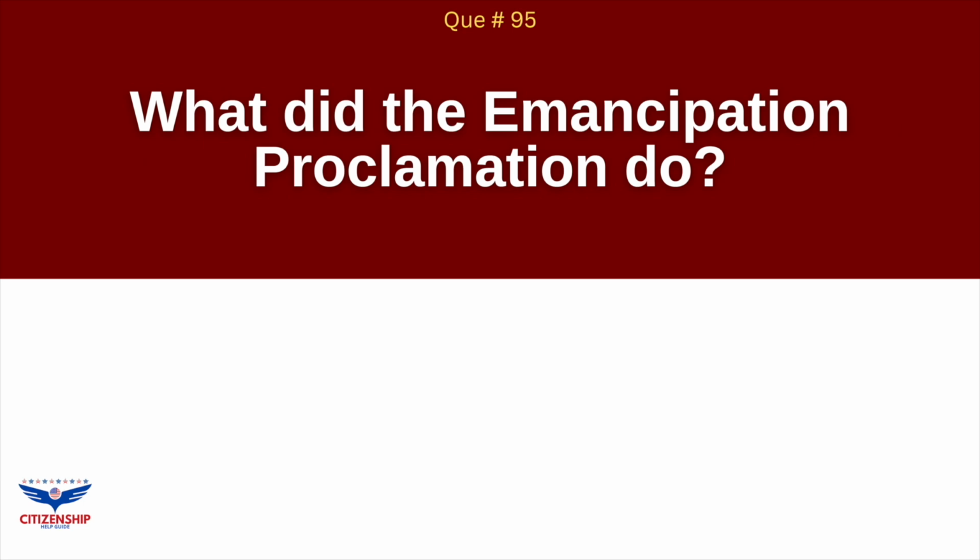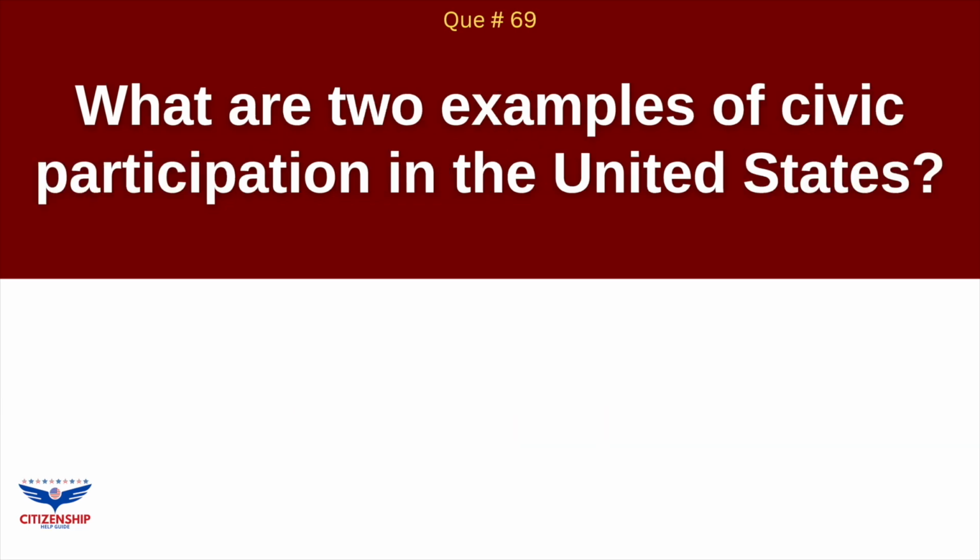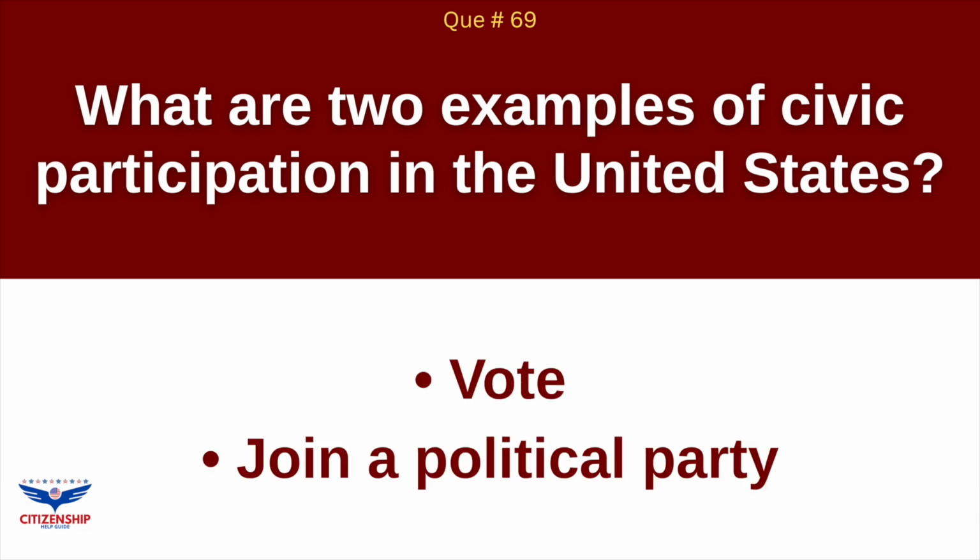What did the Emancipation Proclamation do? Freed the slaves. What are two examples of civic participation in the United States? Vote. Join a political party.